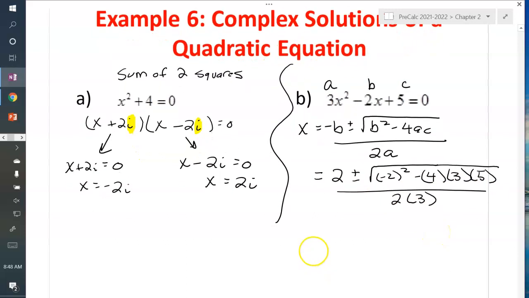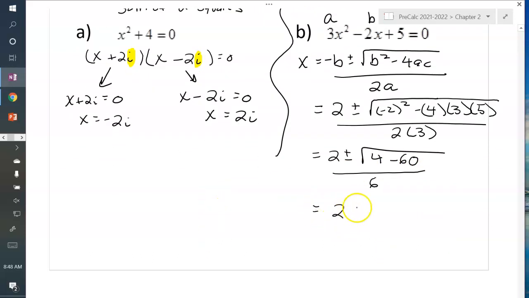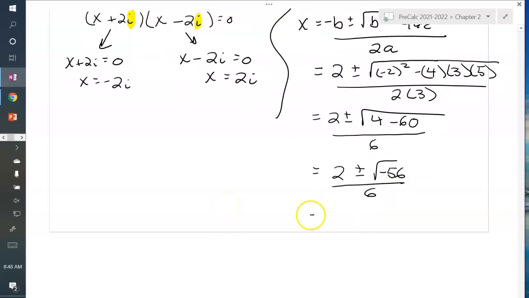I just plug in, and I get 2 plus or minus square root of 4 minus 60 over 6. That gives me 2 plus or minus square root of negative 56 over 6. Remember, pull that i out. So I get 2 plus or minus i root 56 over 6.